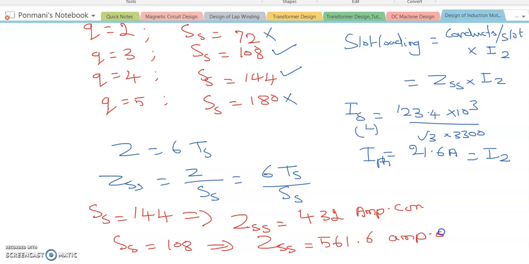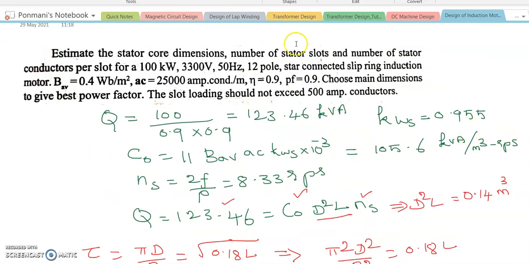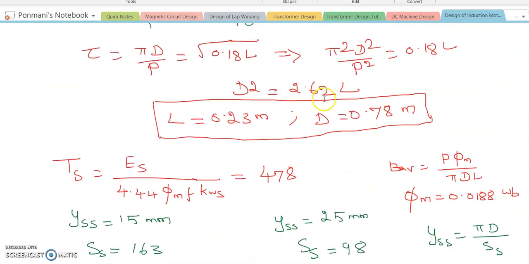So this is the value we are getting, and in this problem it should not exceed 500 ampere conductors.